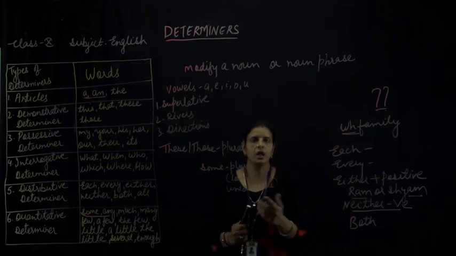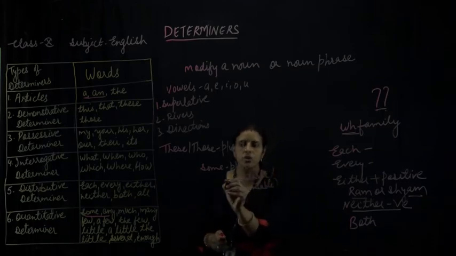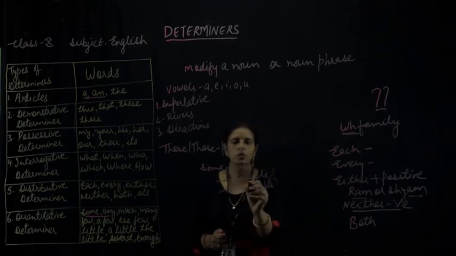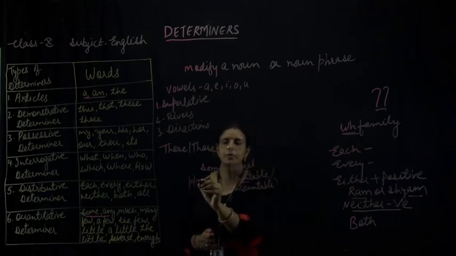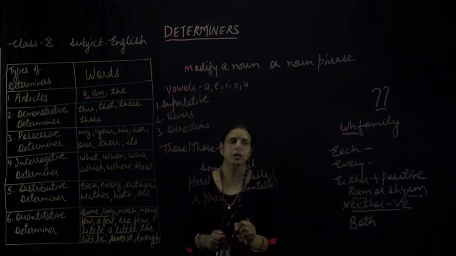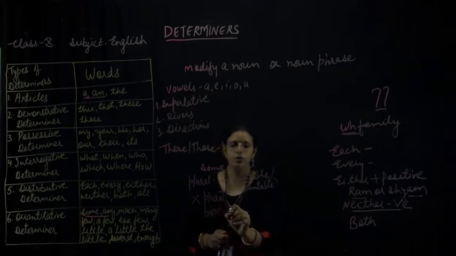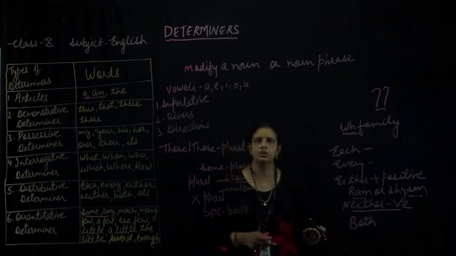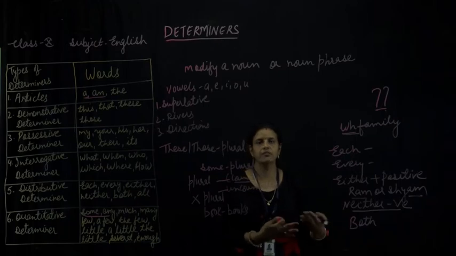And the best example to identify whether a noun is countable or uncountable is that countable nouns have the plural form, and uncountable nouns do not have the plural form. For example, we have book. Okay, we can make the book into books, we can have the plural form. Okay, chair, we can do it chairs also. Pencil, pencils. Okay, fan, fans.